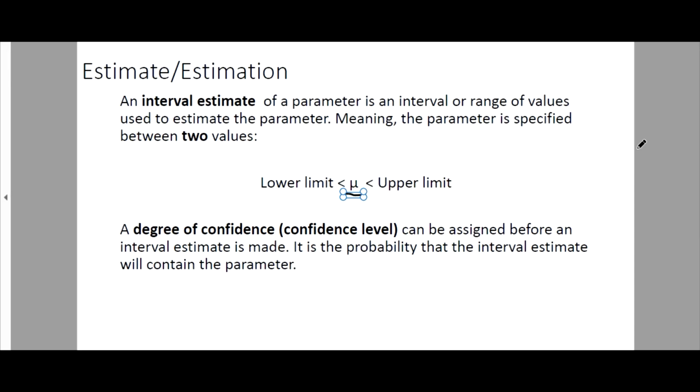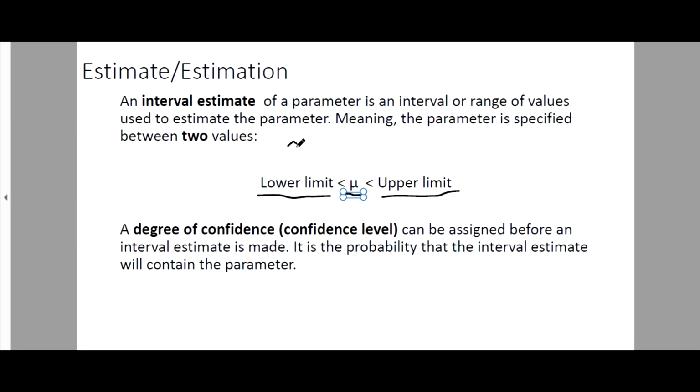Okay, now how about an interval estimate? An interval estimate of a parameter is an interval or range of values used to estimate the parameter. So meaning the parameter is specified between two values. In this case, we have the population mean, and we have the lower limit and the upper limit.